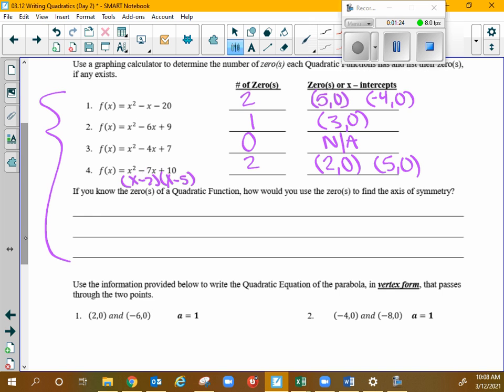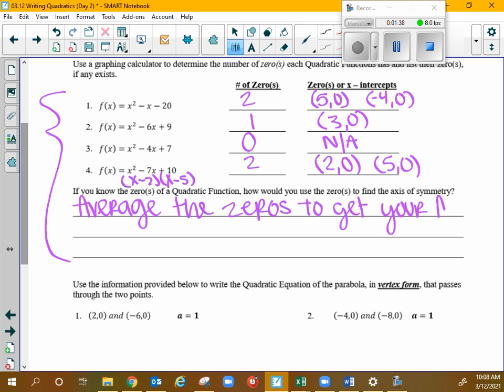If you're trying to find the middle of something, you are averaging. Axis of symmetry, the average of the zeros. So if you have 2 zeros, you add them together and you divide by 2, right?